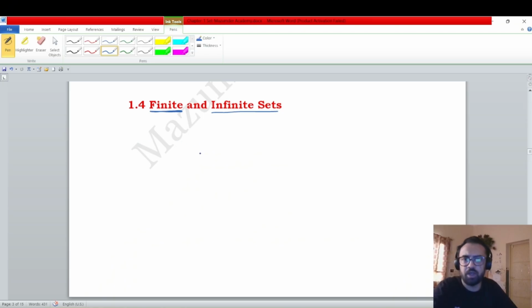So mostly I am not going to definitions and all. Mostly I will give you the example. For example, say if I write a set A equal to all those x such that x is an integer and -2 less than or equal to x less than 2.